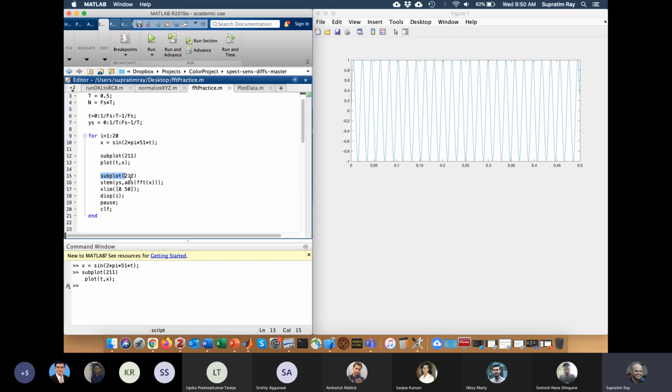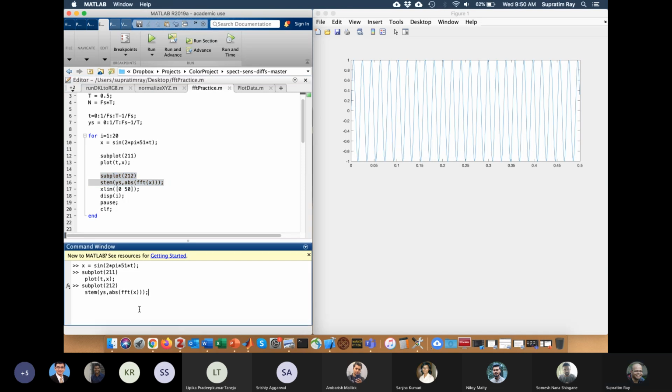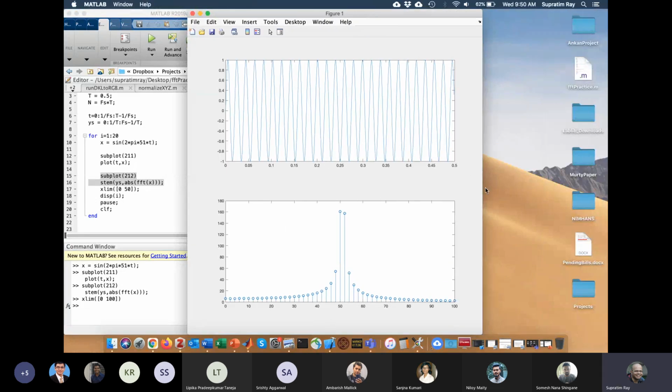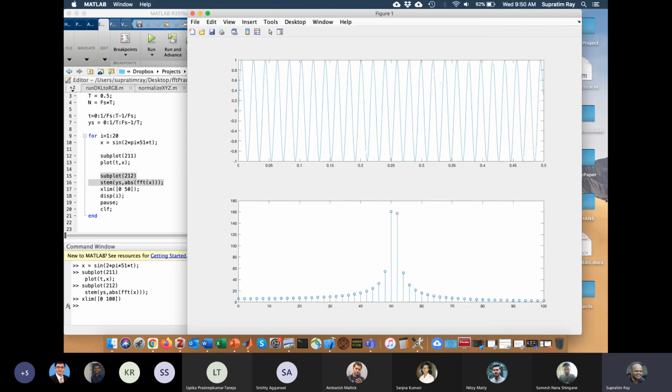And this is the abs FFT of this. I do xlim between 0 and 100. This is the 51 hertz sinusoid, correct? Remember, it has all these high frequency components. If you look at this signal, you can figure out what is happening.